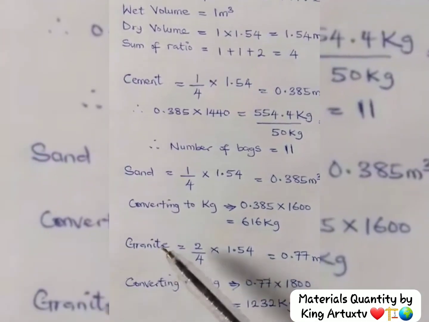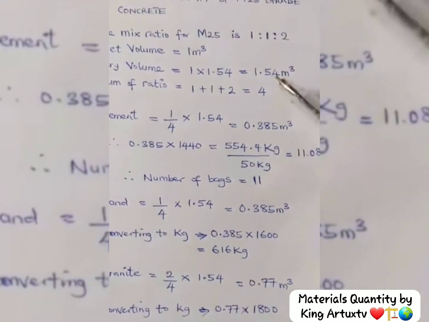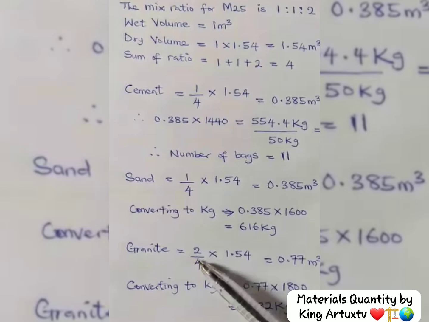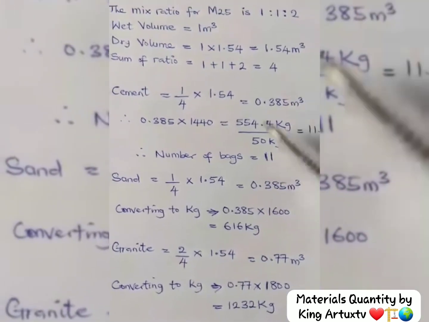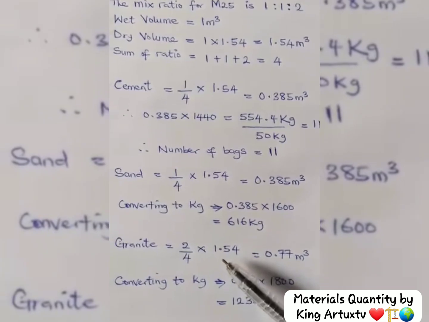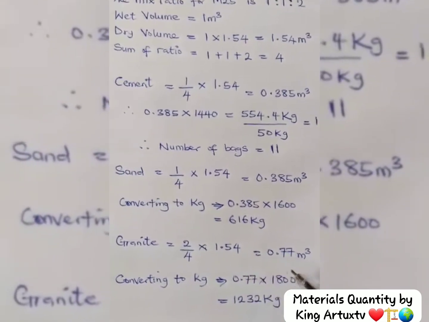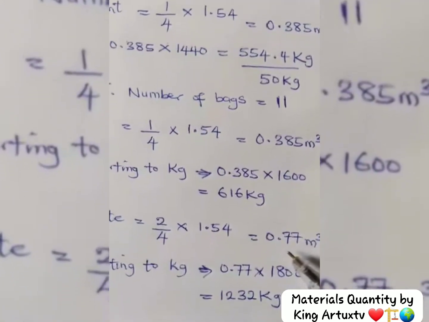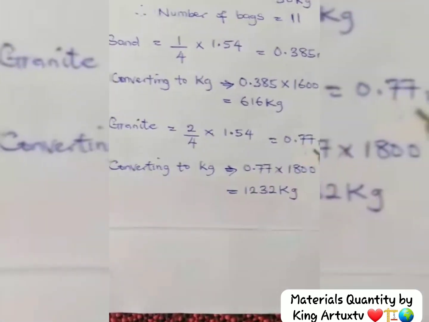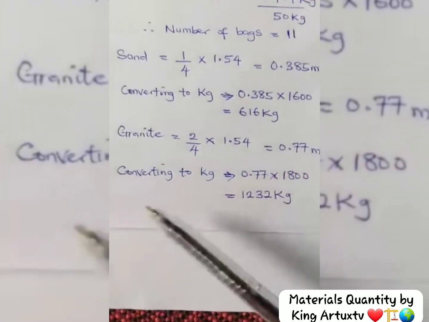The next is your granite. Your granite by ratio is 2. So 2 divided by the sum of ratio, which is 4, multiplied by the dry volume, 1.54. When you work it out, you have 0.77 cubic meter. That is the volume of granite based on the ratio.